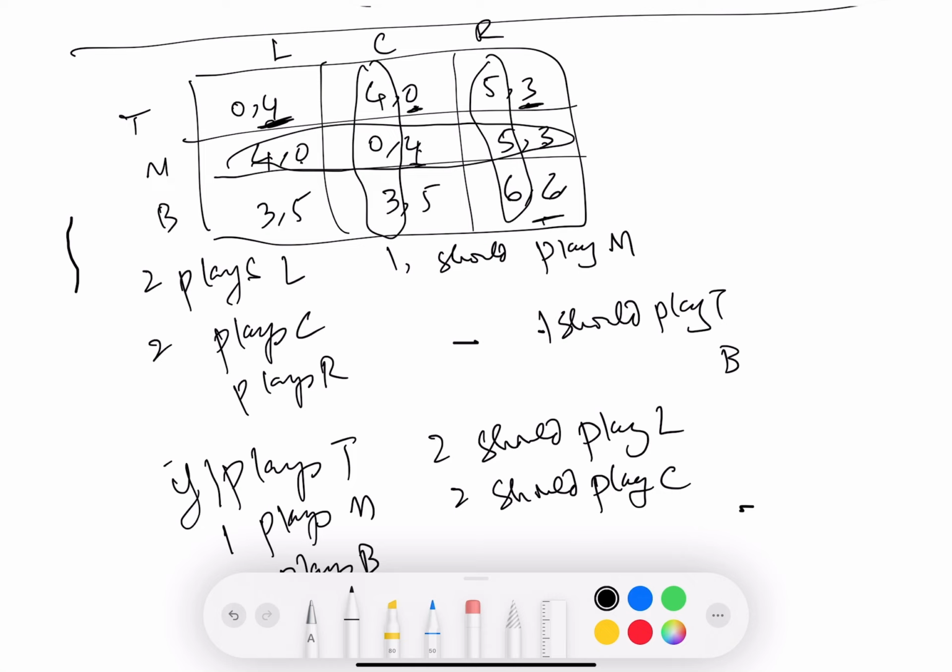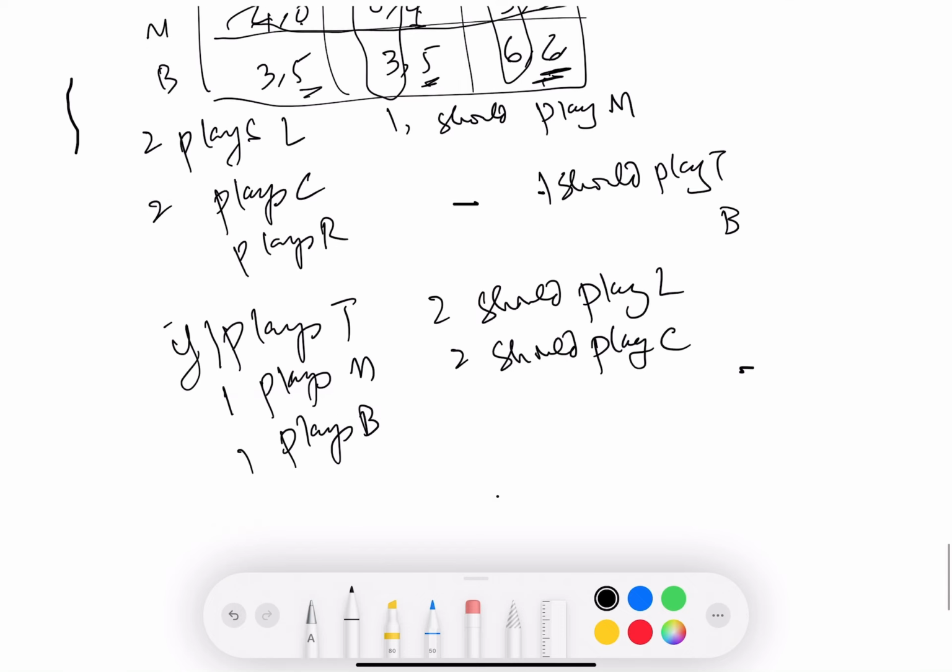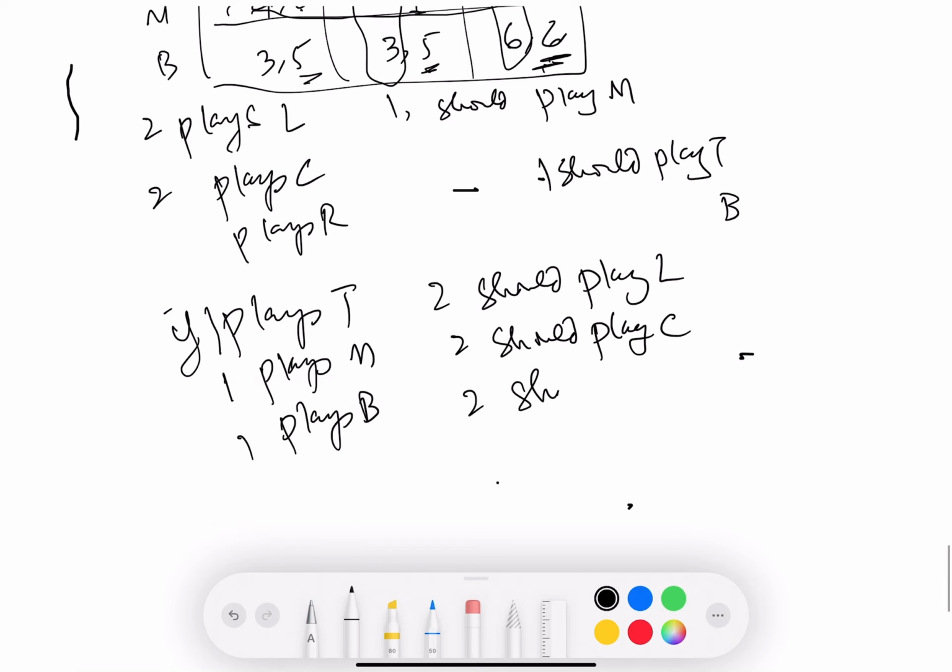Well, 6 is better than 5, 6 is better than 5. 2 should play R. So from 2's point of view, I cannot rule out anything.